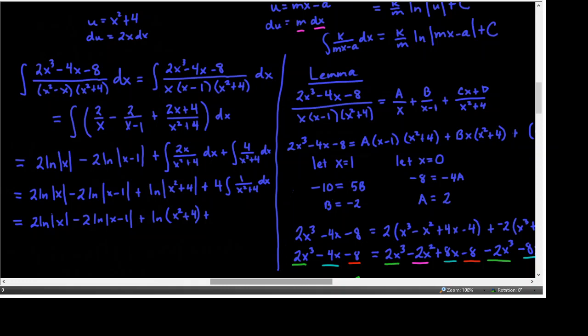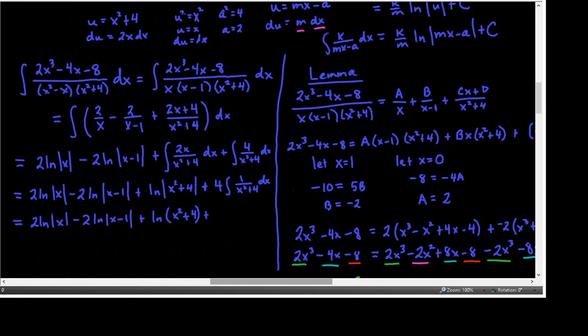So this last one is, again, I should probably memorize these numbers for your sake. It's one of the last three, 18, 19, or 20. It's the inverse tangent one, where u squared is x squared, so u is x, du is dx, which we have, and a squared is 4, which means a is 2.